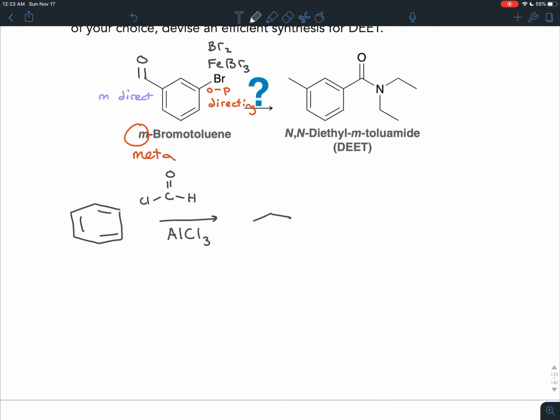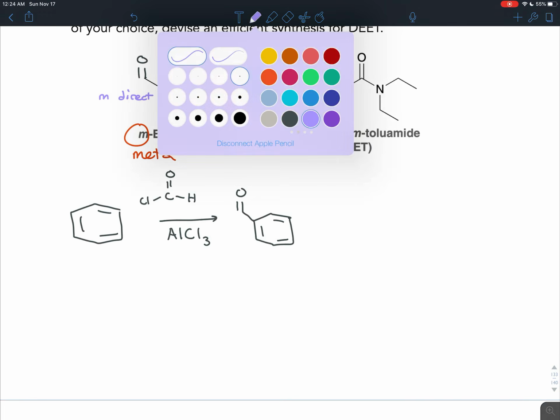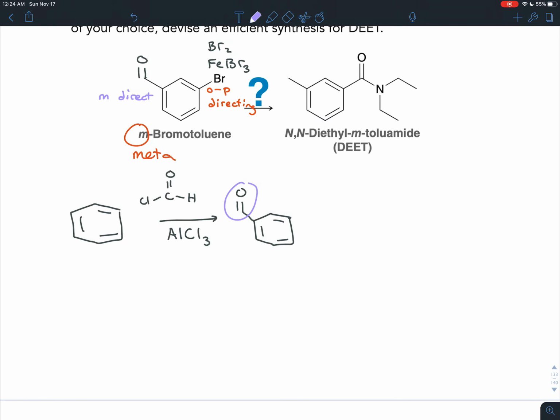That puts that acyl group onto the benzene ring. And we're replacing the bond to the chlorine with a bond to the carbon. Now that is a meta-director. If you have a pi bond to an electronegative atom on the benzylic position, that's a moderate deactivator and a meta-director.